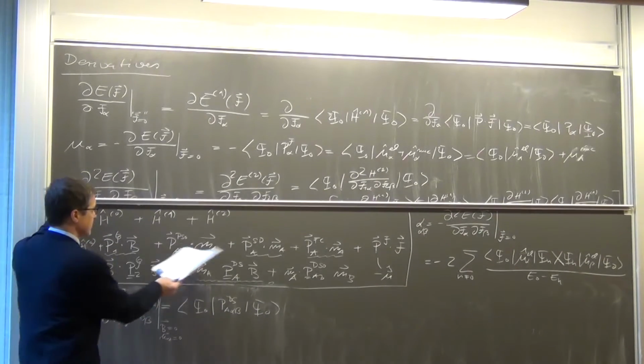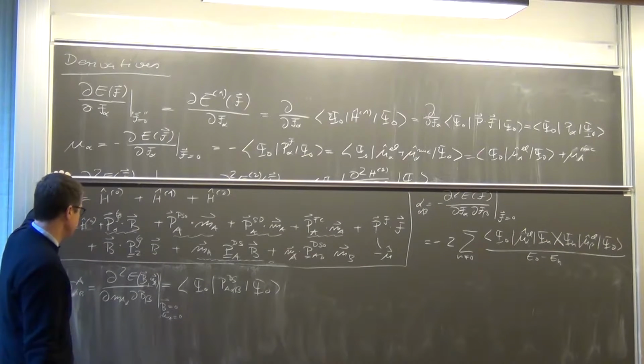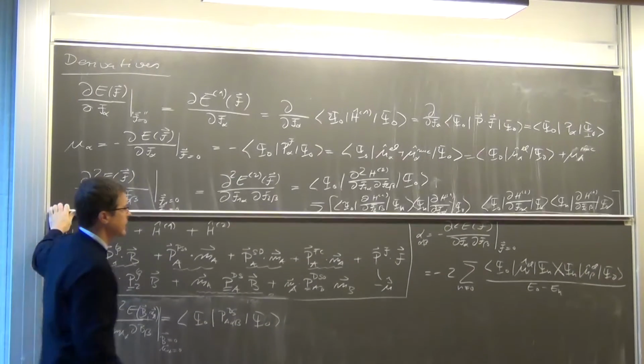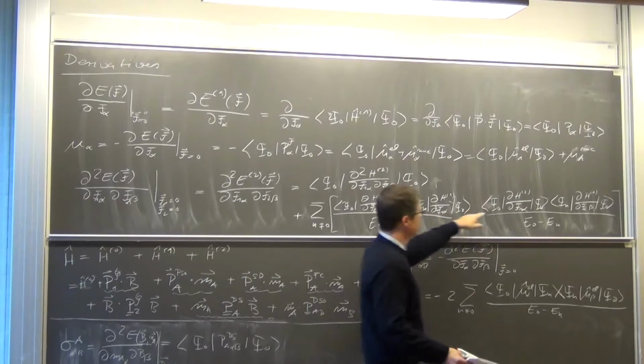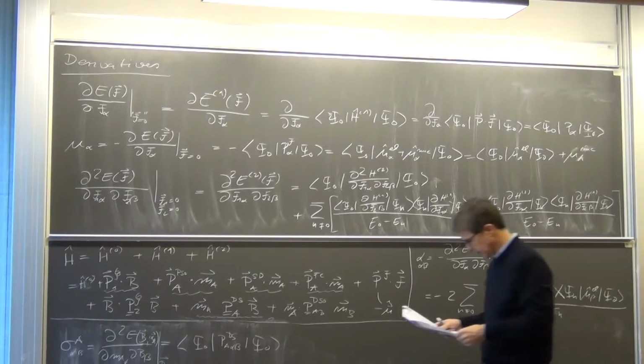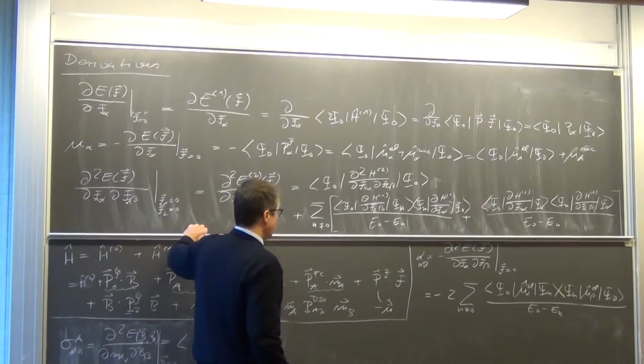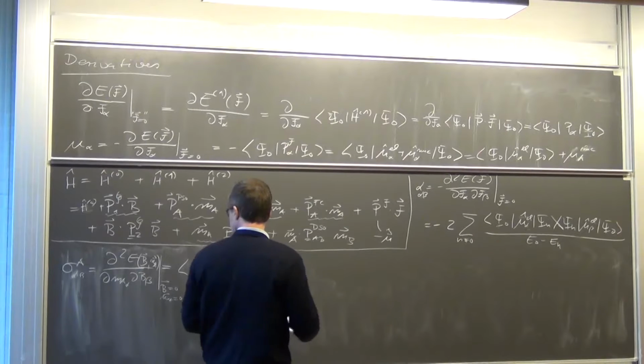So I only have those terms to think of, and then I really end up in the same situation as here. I get those terms, so let's try to do that.